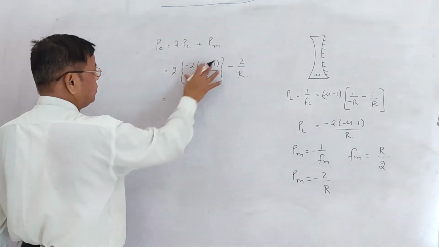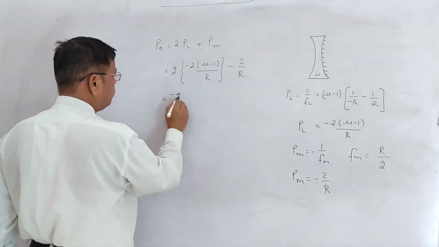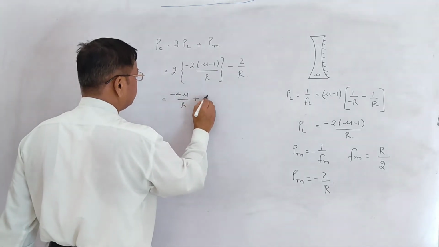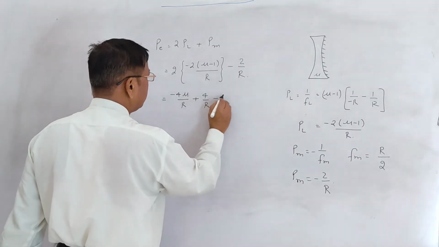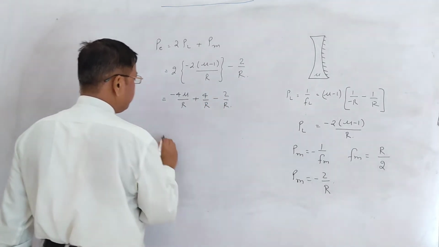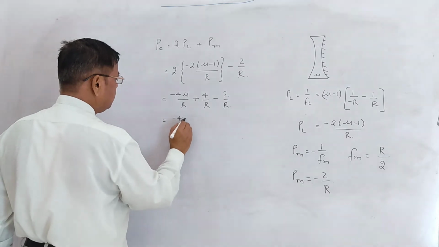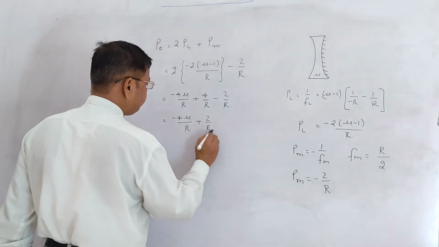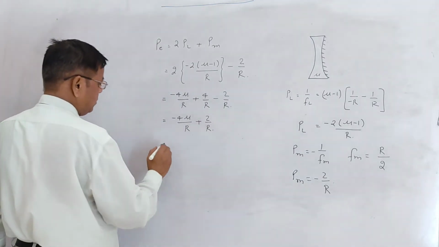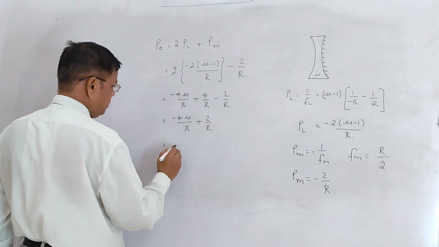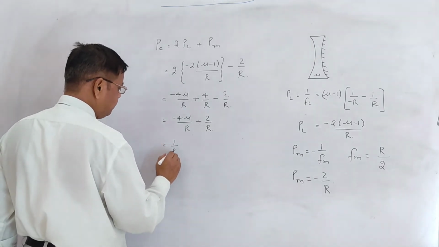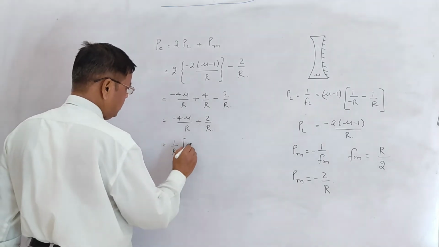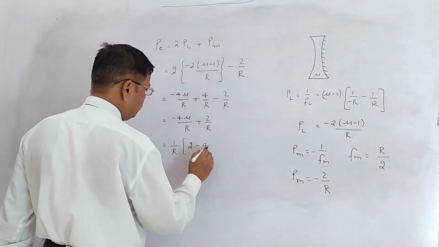So if I multiply 2 in this bracket, it is minus 4 mu by R plus 4 by R minus 2 by R. So minus 4 mu by R plus 2 by R, or if I take 1 by R common, it is 2 minus 4 mu.